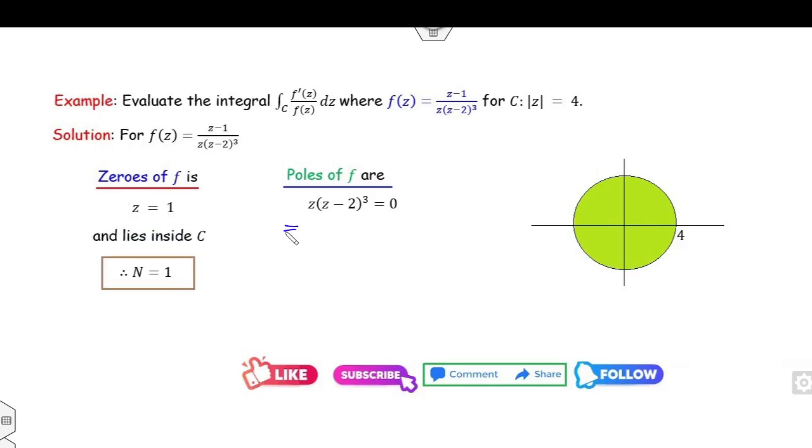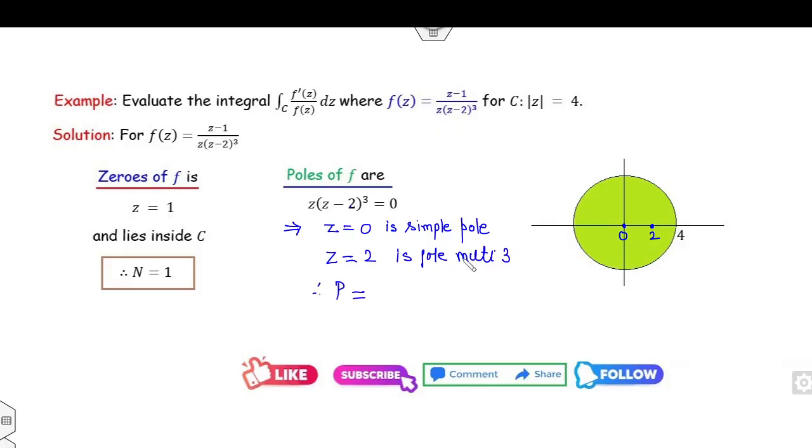Can you find the poles? This implies z is equal to 0 is a simple pole, and z is equal to 2 is a pole with multiplicity 3. 2 also lies inside the circle, and 0 also lies inside.